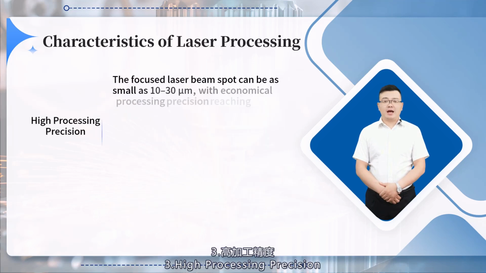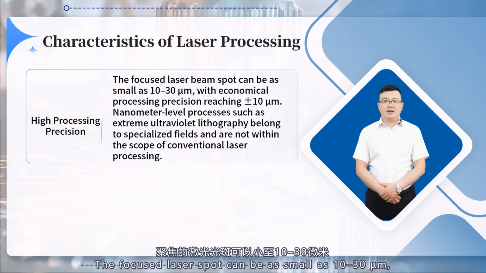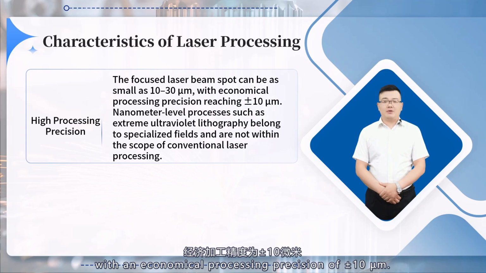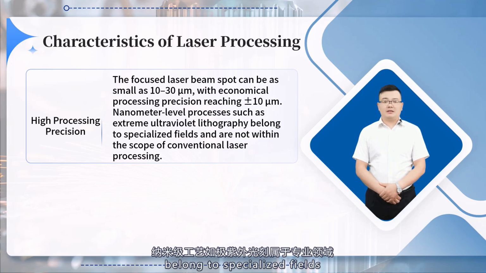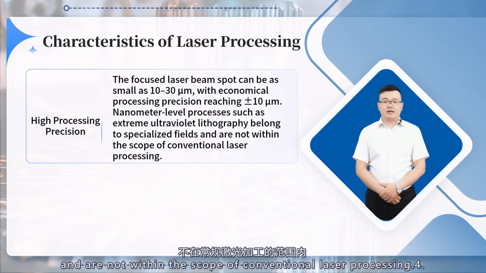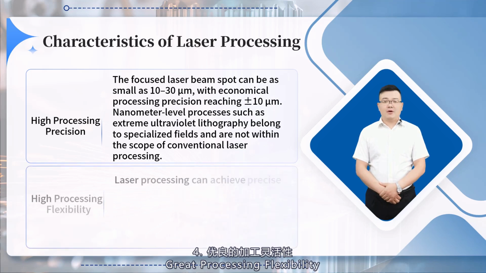3. High processing precision. The focused laser spot can be as small as 10 to 30 micrometers, with an economical processing precision of plus or minus 10 micrometers. Nanometer level processes such as extreme ultraviolet lithography belong to specialized fields and are not within the scope of conventional laser processing. 4.